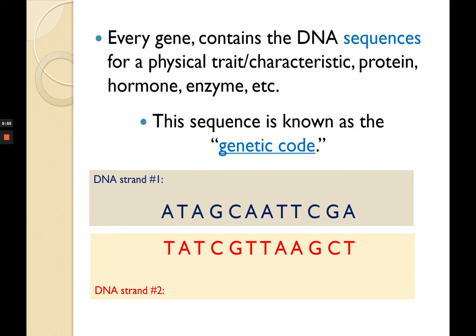Complementary just means matching. So what we have here is a second DNA strand that, even though it is composed of different nitrogenous bases, still contains exactly the same information that's in the first strand.